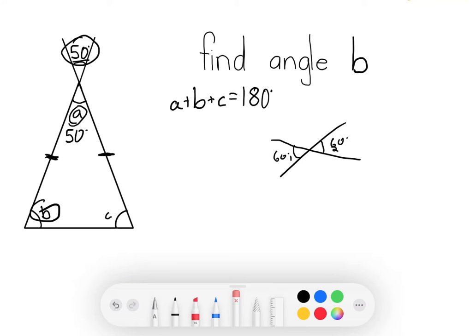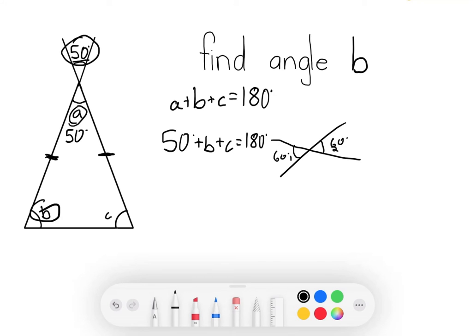So now we know that A equals 50 degrees. Let's quickly write the formula of the angles in a triangle. That would be 50 degrees plus B plus C equals 180 degrees.